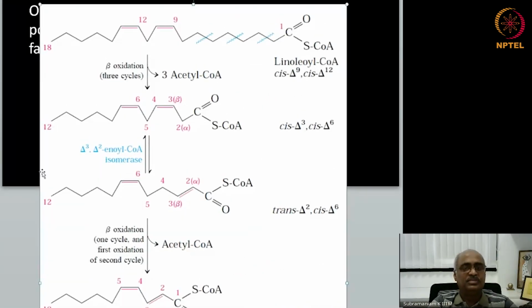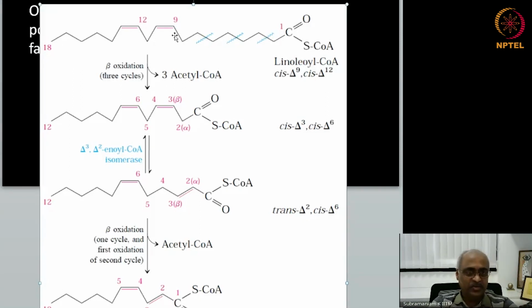I'm sure you can see the first part. So linoleic acid has 2 double bonds, then linolenic acid 3 double bonds, arachidonic acid 4 double bonds. We won't get into all of that.